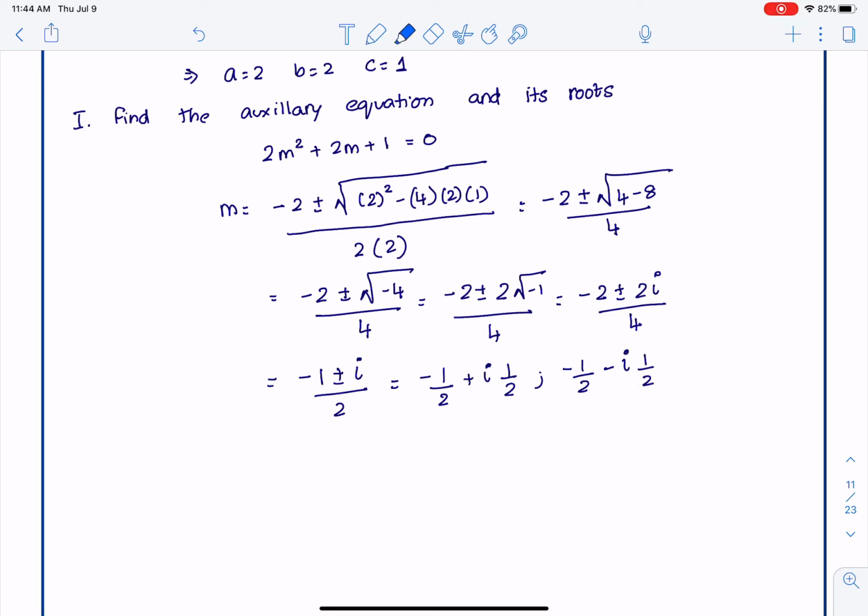The solution is simply e raised alpha x multiplied by c1 cosine beta x plus c2 sine beta x.